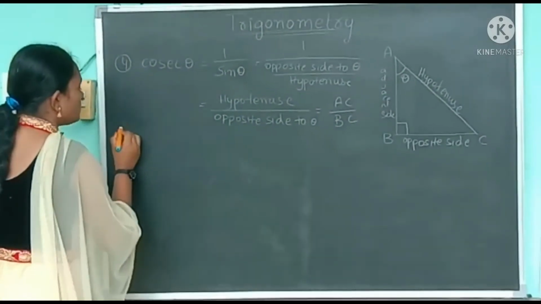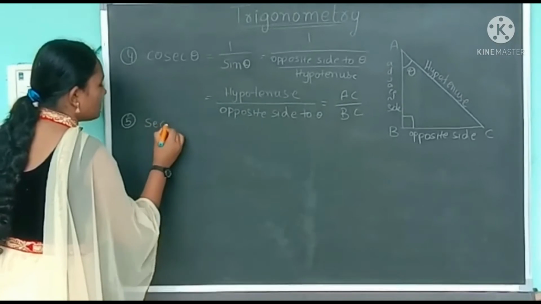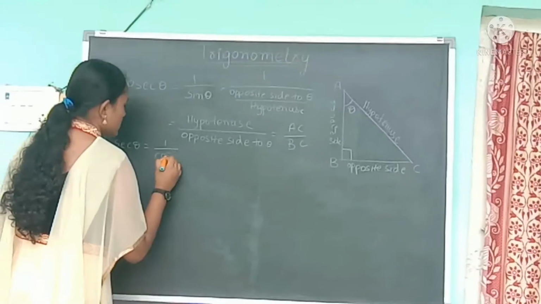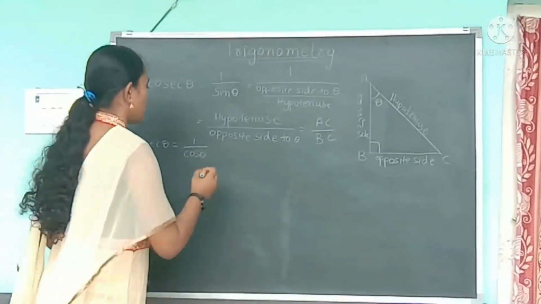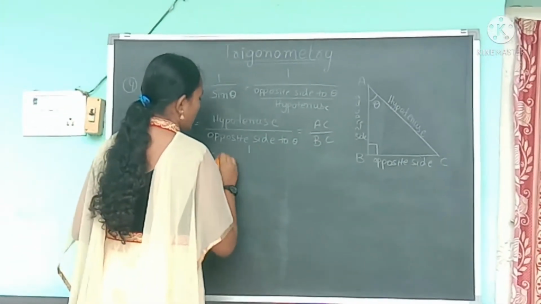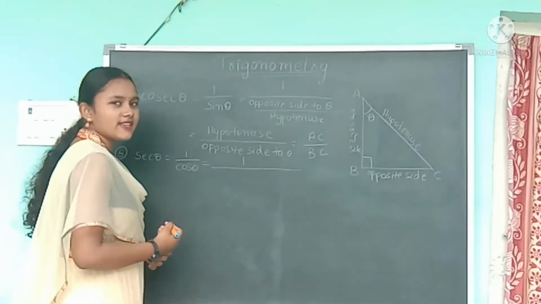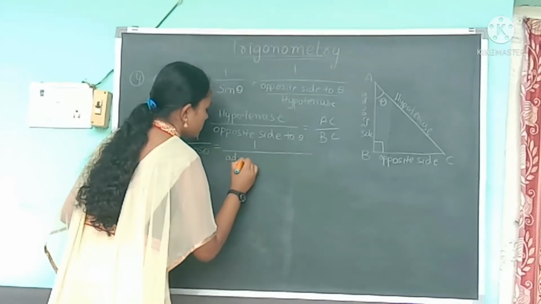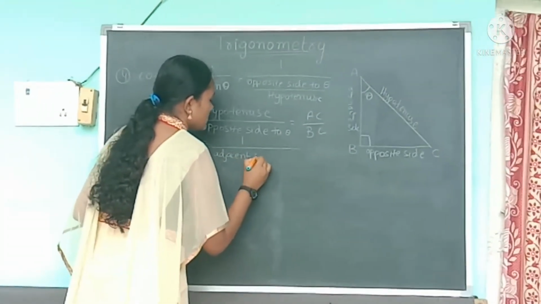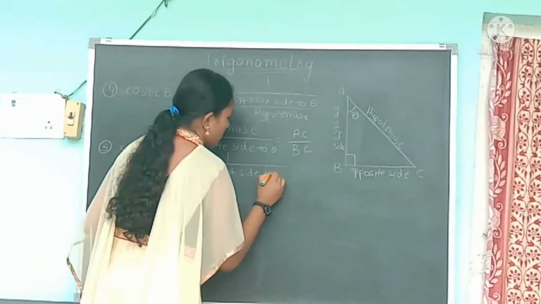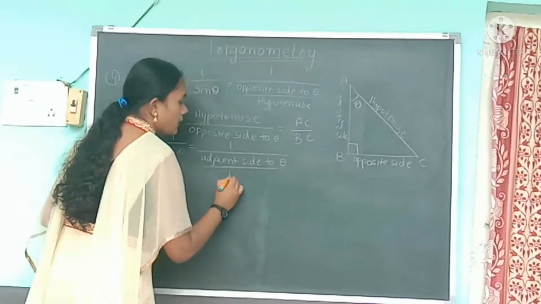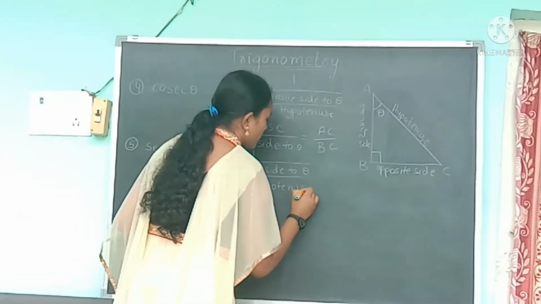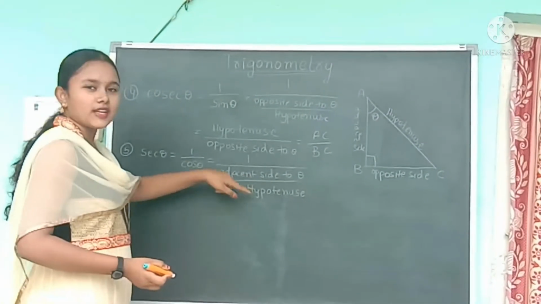And the next, fifth one, secant theta. What is secant theta? It is the inverse of cos theta, 1 by cos theta. What is cos theta? Cos theta is the adjacent side to theta by hypotenuse. So this hypotenuse will come upside.